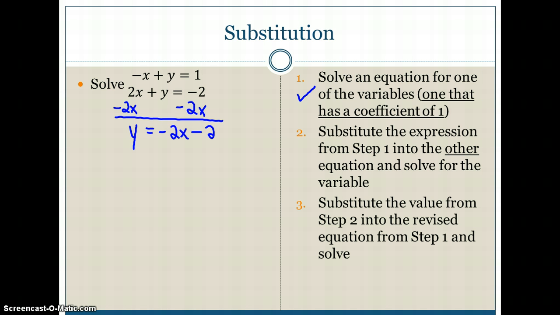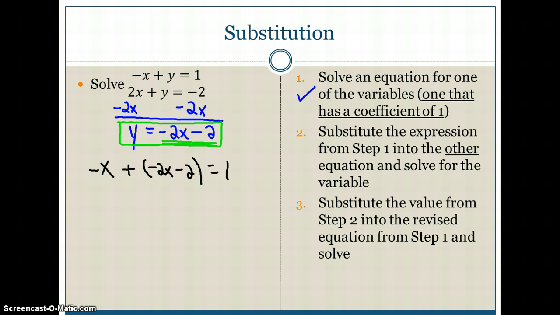Okay, we've done that. So what we need to do is take this expression, specifically the negative 2x minus 2 there, and substitute it into the other equation, so that first one. So what we'll have in that first one is negative x plus y, but we're going to write y as negative 2x minus 2, equal to 1.